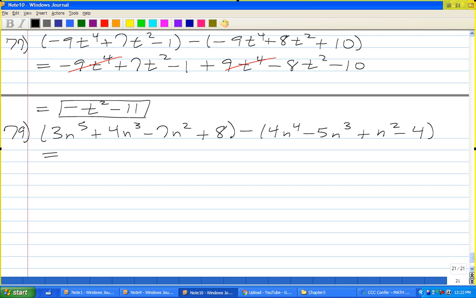Get rid of all the parentheses. 3n to the fifth plus 4n cubed minus 7n squared plus 8.